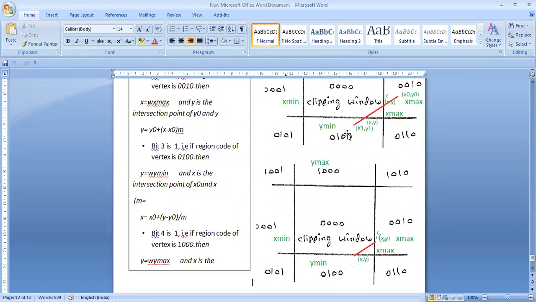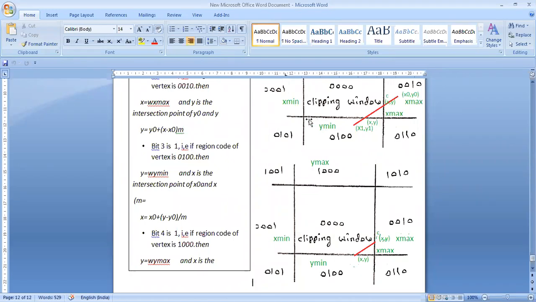Fine. So now let us come to this end point, which is this end point where third bit is 1. Third bit is 1 means it is below my clipping window. Below my clipping window means it is moving below the y axis. So now for this to come here, I can directly say what should be y, because y should be equal to y min.